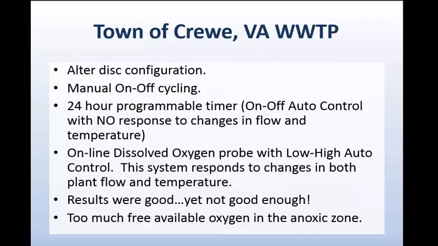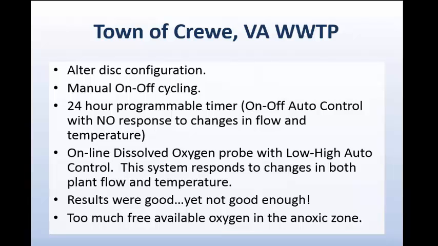We were still finding free available oxygen in our anoxic zone. And when you have free available oxygen available, the microbes that are involved in the denitrification process utilize that free oxygen during their normal metabolism, even if you have a combined form like NO3 or nitrates also available.